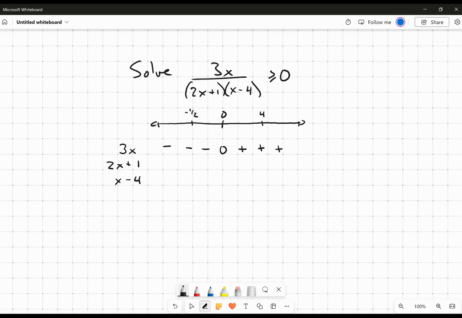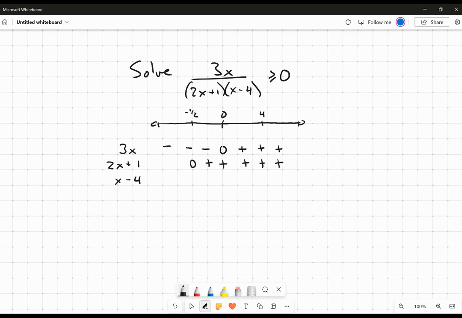And so you can kind of get a sense of what's going on here. With 2x plus 1, it goes to 0 at negative 1 half. But if you choose a value just to the right of it, it's going to be positive. If you plug 0 in, you're going to get positive 1 as a result. Between 0 and 4, it'll be positive. At 4, you're going to get positive 9. And then any value of x greater than that, you're going to get a positive.